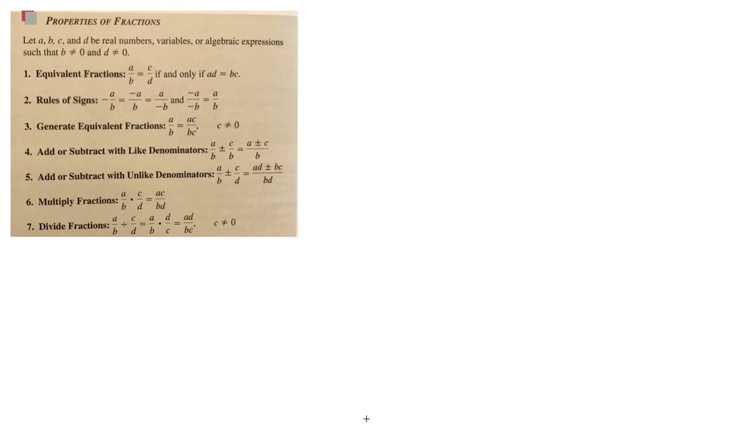Let me go ahead and grab my little pencil tool. The first one we have is we're going to use the third rule. So we're going to show that x divided by 5 is equal to 3x over 15.